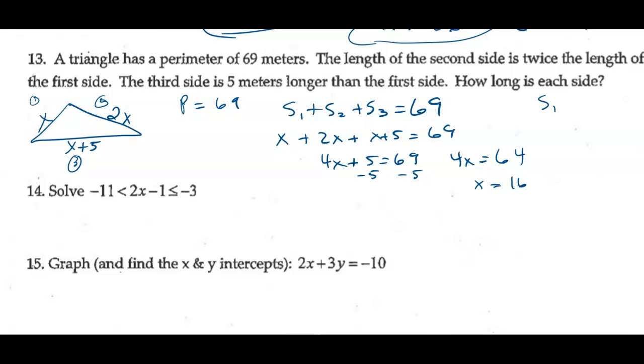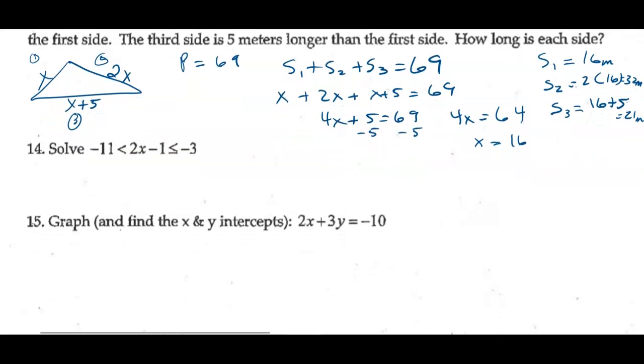That means side 1 is 16. Side 2 is 2 times 16, so that's 32. And side 3 is 16 plus 5, so that's 21. Don't forget your meters.